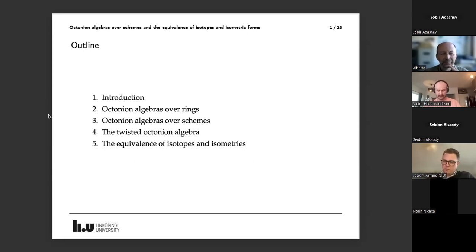We will define the twisted Octonion algebra and show that it is isomorphic to isotopes of the Octonion algebra. And then lastly, we will show the equivalence of isotopes and isometries.